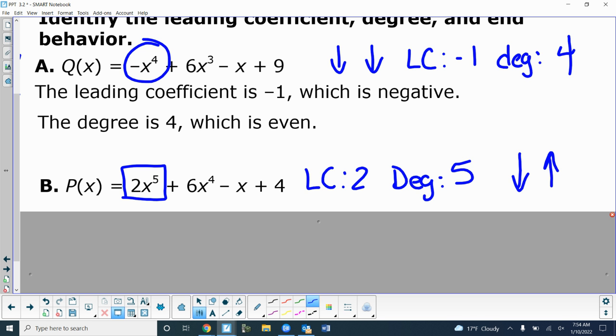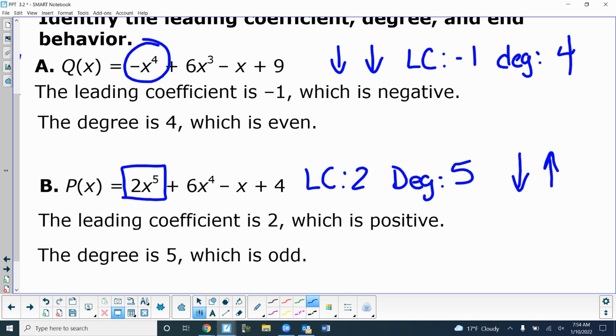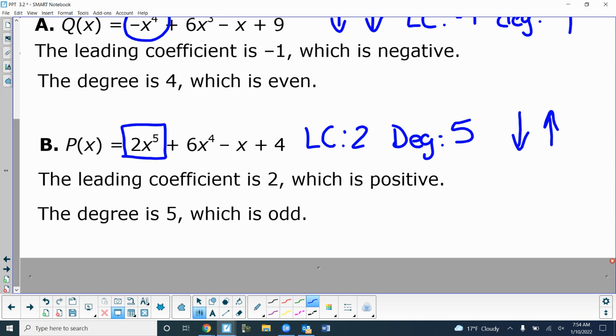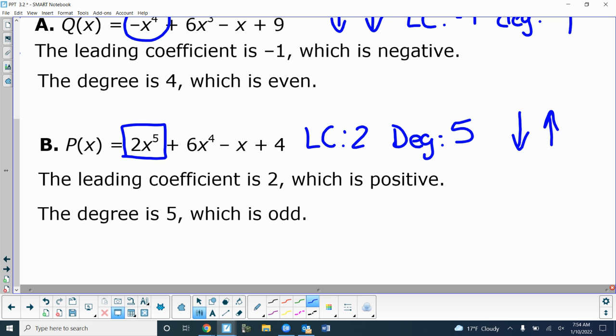Making sense? You can do that. And behaviors just at the very end of each. So it's like this, or like this, or like this, or like this. Right? Do my dance.